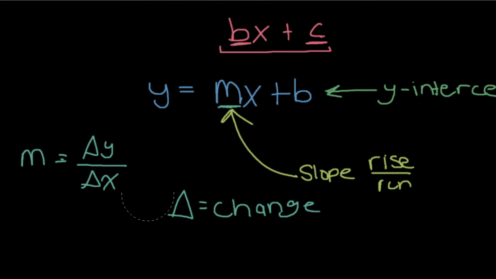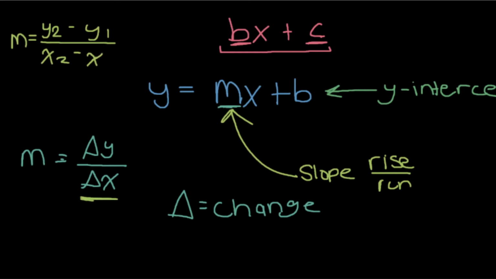Alright, so we have delta y over delta x, and this could also be represented by m is equal to the difference of y over the difference of x. You have two sets of coordinates, so you have two y's and two x's. The difference of y's would be y2 minus y1, and you divide it by the difference of x's, x2 minus x1.